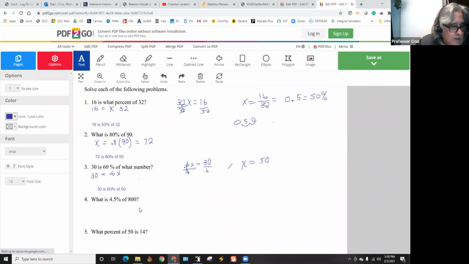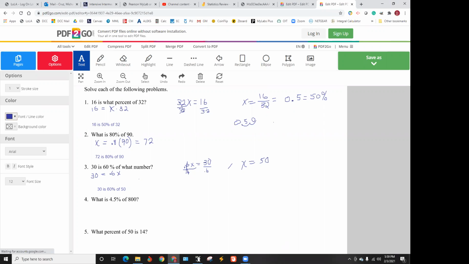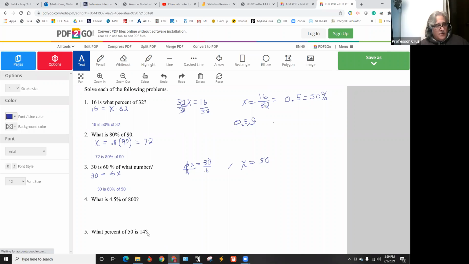All right, what about this one? That one's going to be tricky because you got to make sure you convert that decimal right. I got 36. All right. Let me know if somebody else gets it. That's what I got.